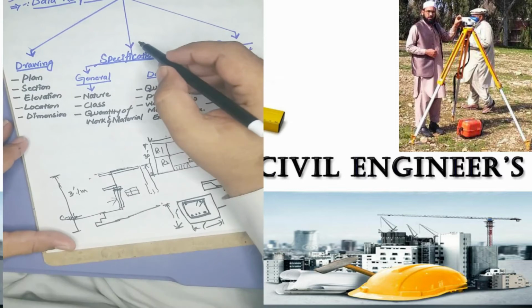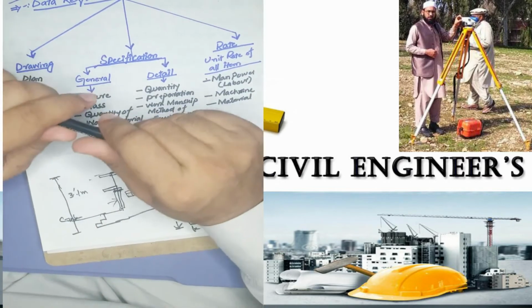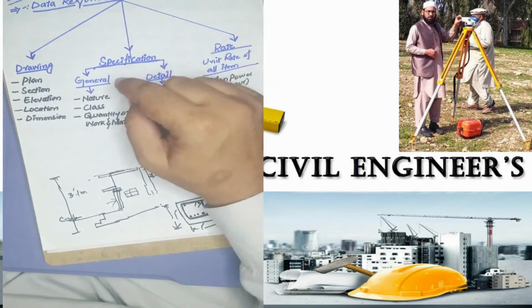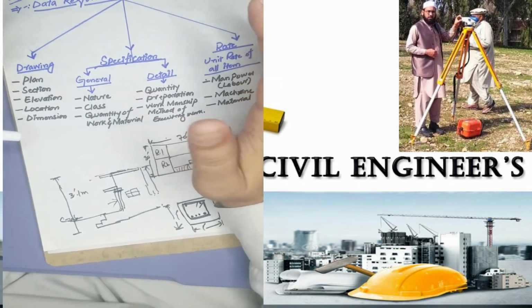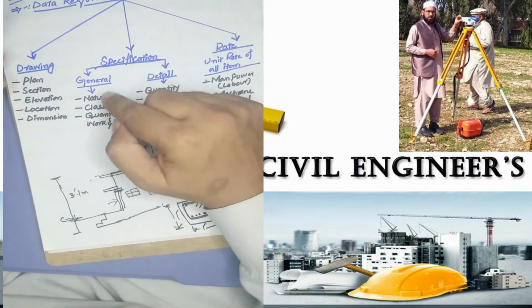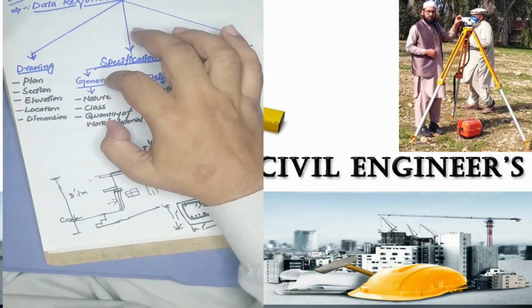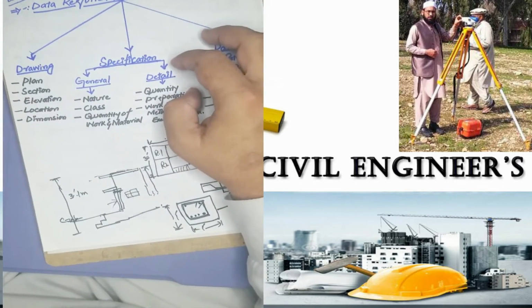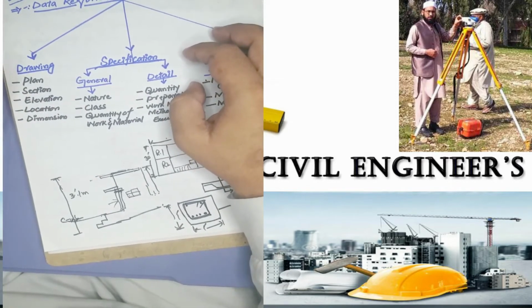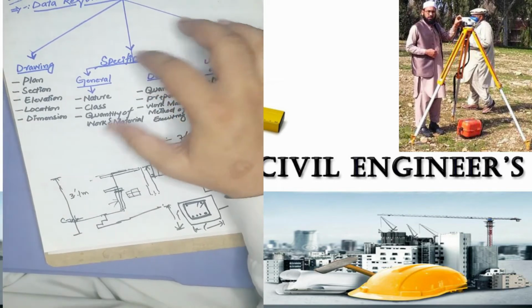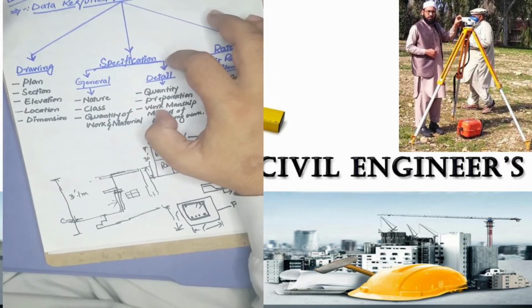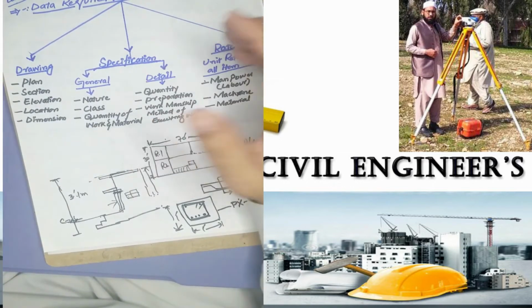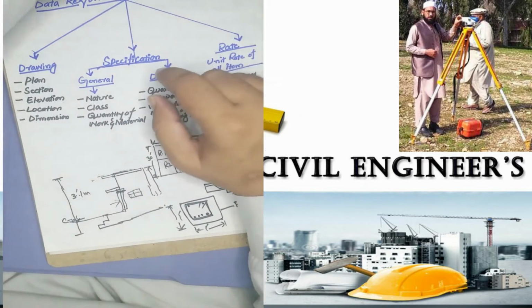The second one is specification. What is specification? Normally there are two types of specification. One is called general specification, and the second is called detailed specification. We will discuss general and detailed specification in detail in our next videos, so here we will discuss them just for information.